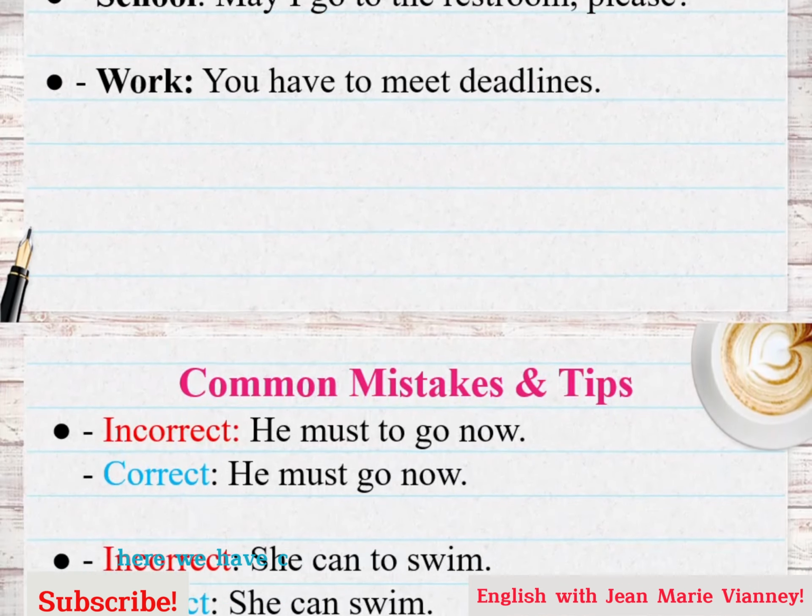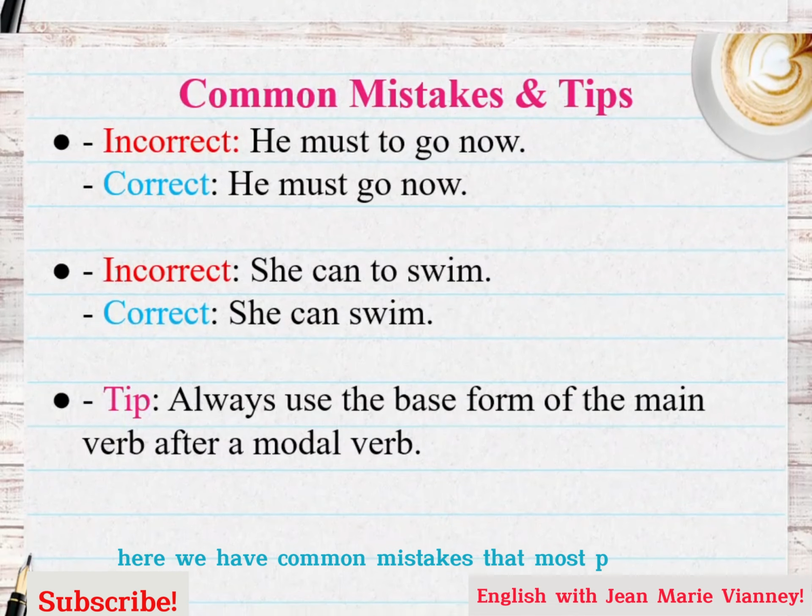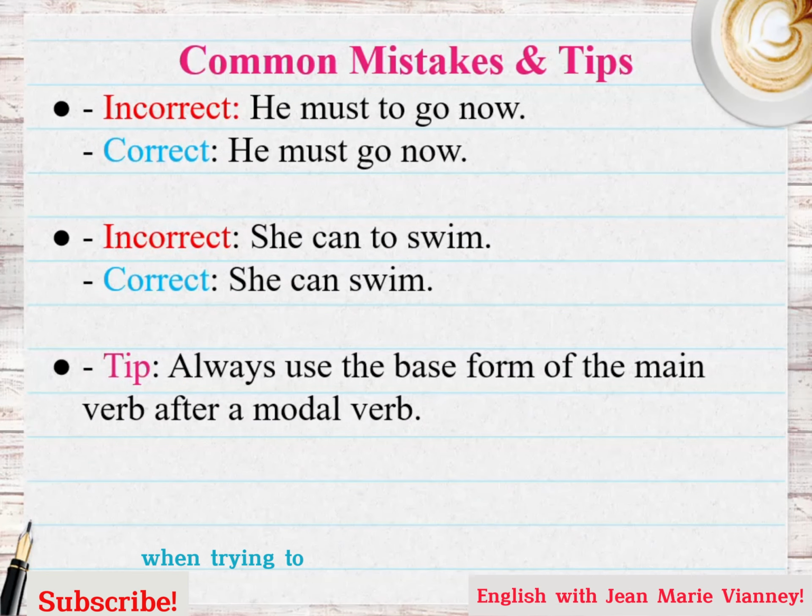Here we have common mistakes that most people make when trying to use these modal verbs in sentences. We hear people saying, he must to go now. This is incorrect. The correct sentence is, he must go now. Sometimes we hear them saying, she can to swim.